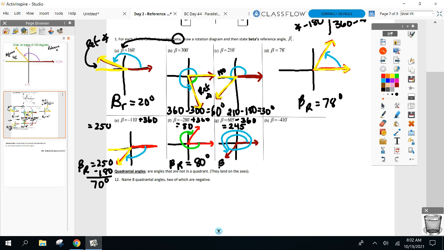What do you have to do with the 245 to calculate your reference angle in the third quadrant? Subtract 180. 245 minus 180 is 65. And remember, always get angles that are positive and less than 90, because we have to do something with those reference angles in the next couple days.